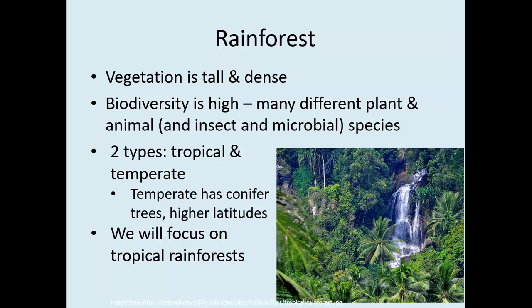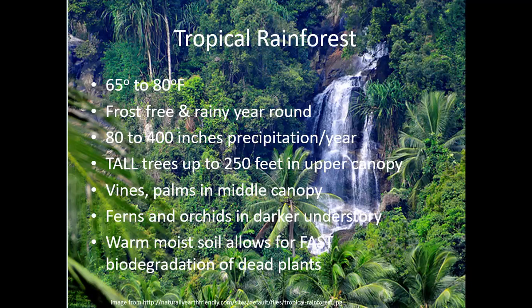But we'll focus on tropical rainforests because that's important for biodiversity, and it is the majority of rainforests. But it's important to note that the temperate rainforests do have conifer trees also instead of deciduous trees.